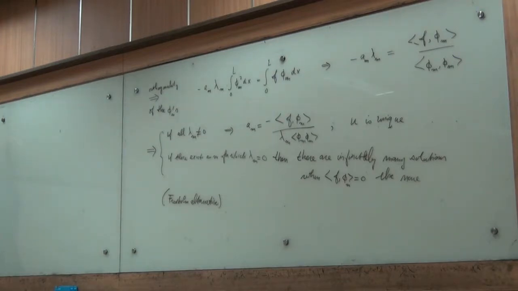And now I'm going to give you a problem for which the eigenfunctions are existing and we have an eigenvalue 0. So let's consider the case L is a second order derivative with respect to x.